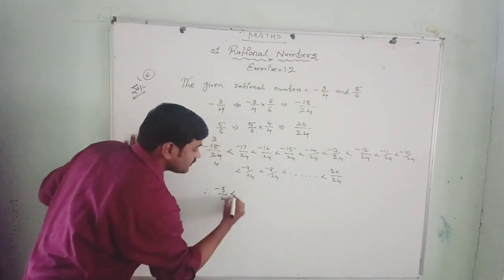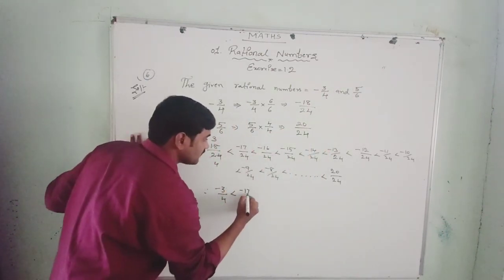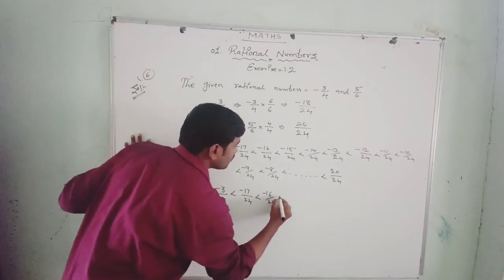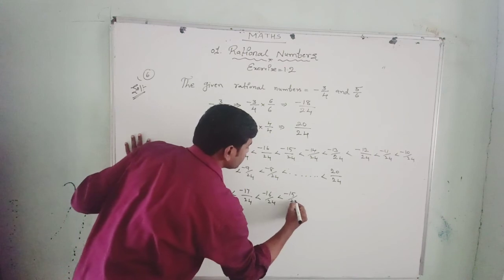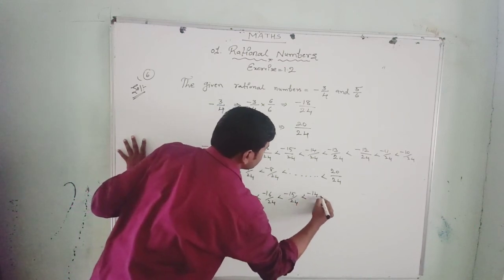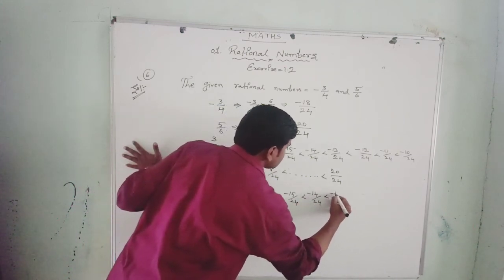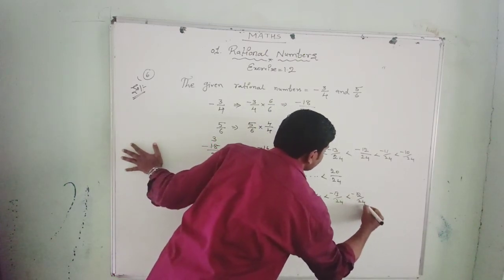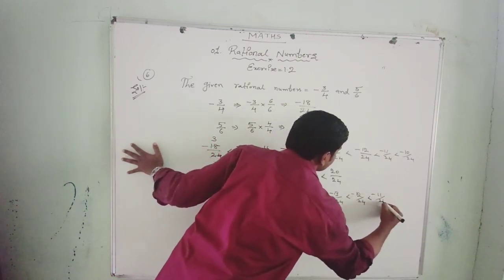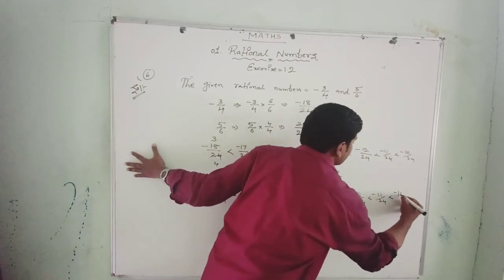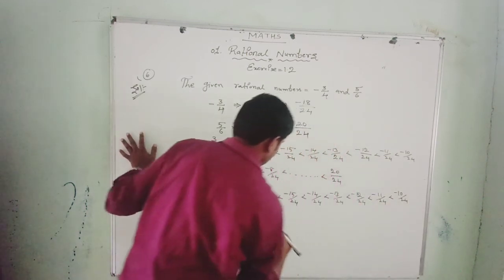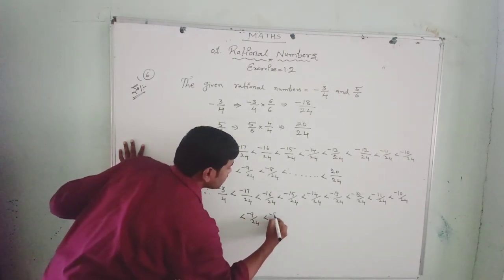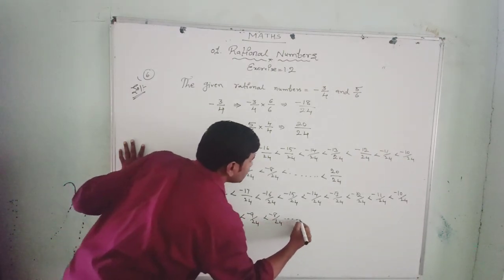So I will write minus 17 by 24, minus 16 by 24, minus 15 by 24, minus 14 by 24, minus 13 by 24, minus 12 by 24, minus 11 by 24, minus 10 by 24, less than minus 9 by 24, which is less than minus 8 by 24, and so on.